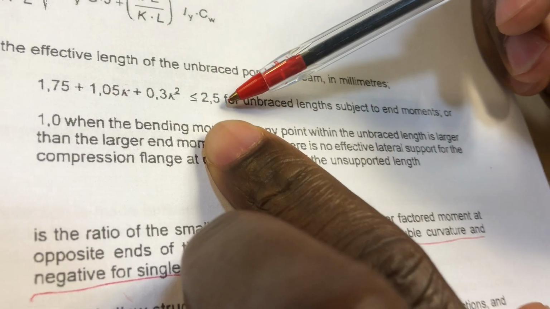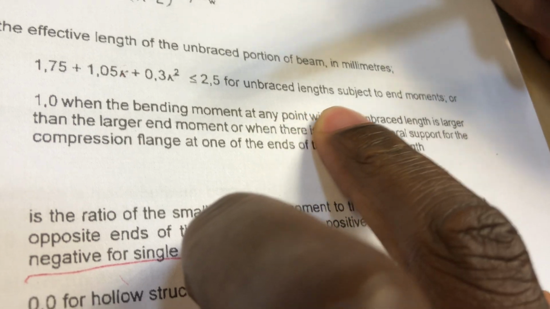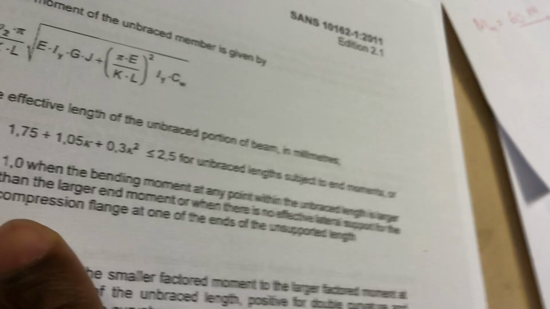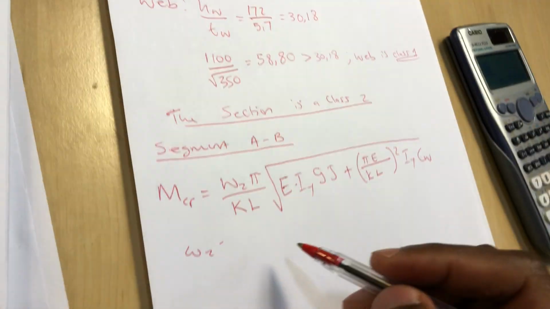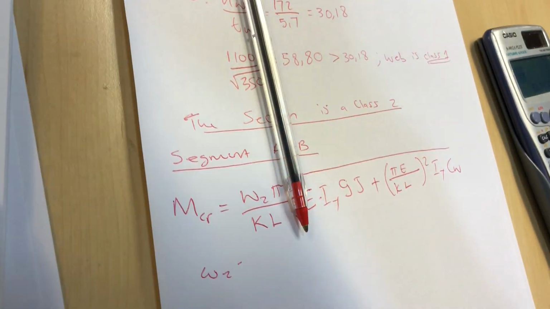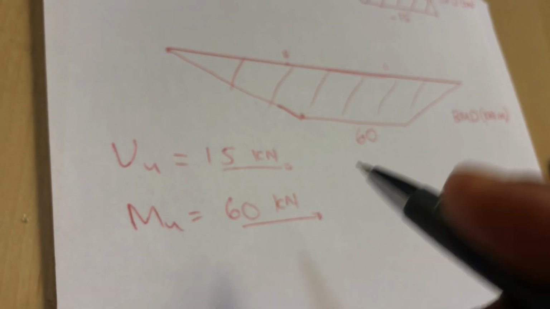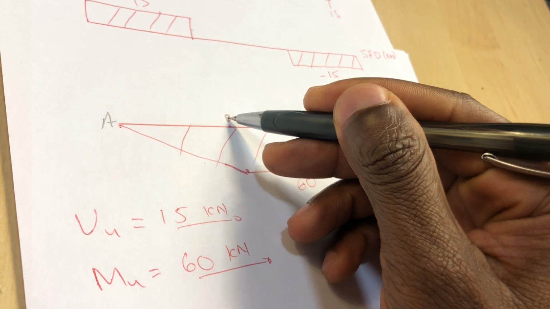And this value must be less than 2.5 for unbraced length subject to end moments. Remember, between A and B, this is A, and this is B.